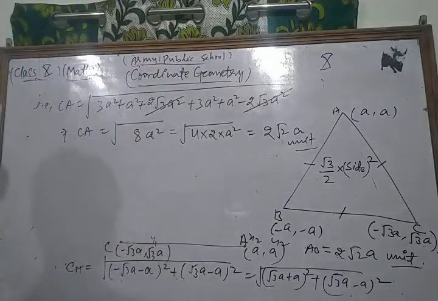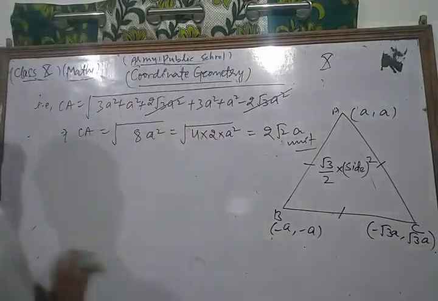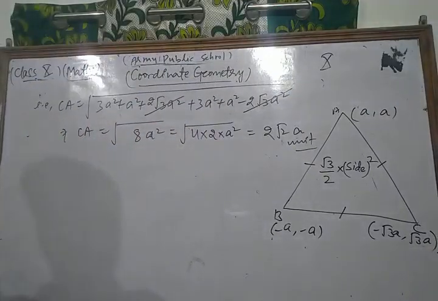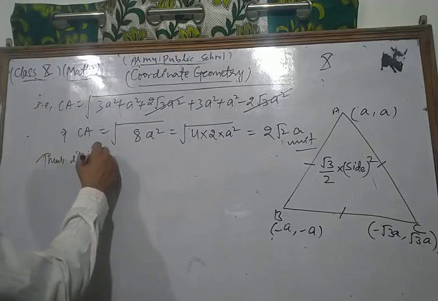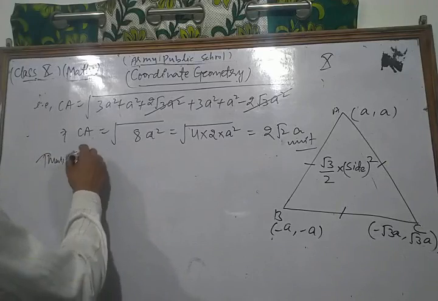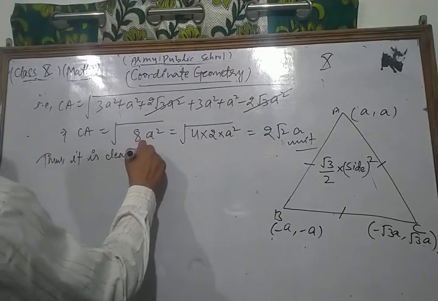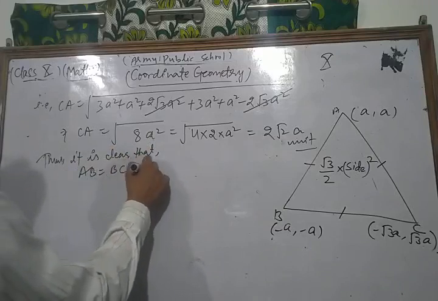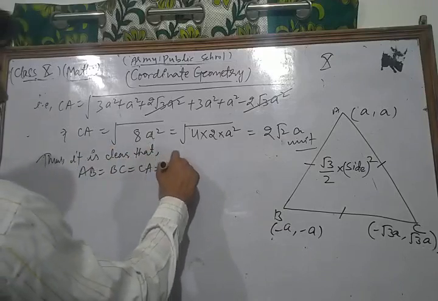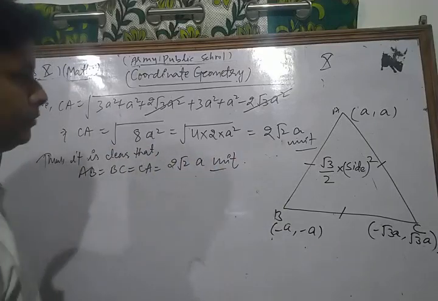So thus it is clear that length AB is equal to length BC is equal to length CA, and each is equal to 2√2a unit.